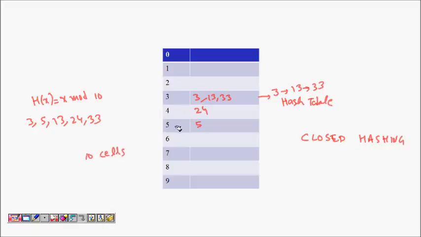Closed hashing basically says to keep on hashing until we find some alternate cell. If I have 3 here already and 13 comes, I will not insert it here; I will try to put it at some alternate location. And what will be that alternate location?